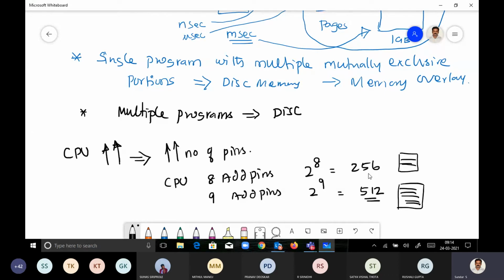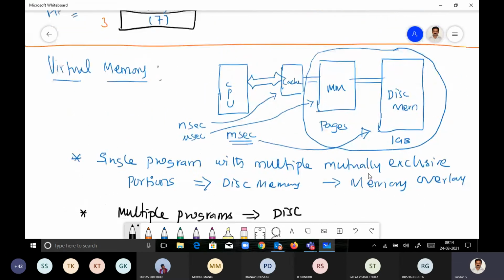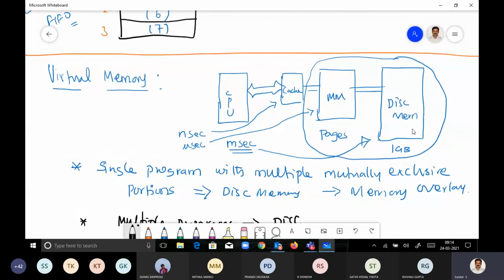Okay, now let us come to the point. This memory, I mean disk memory. If the CPU's number of pins increases, then naturally we would like to have a larger capacity of disk memory.